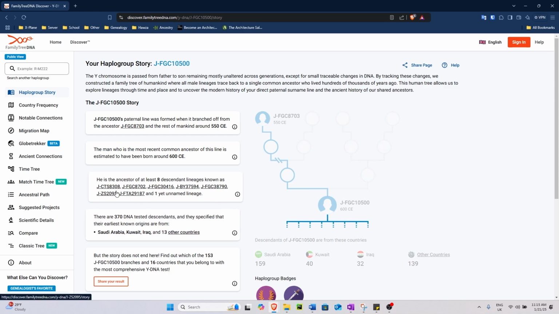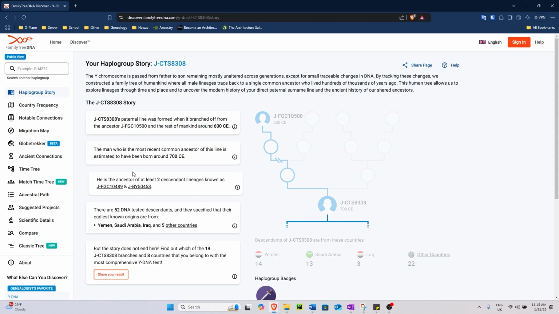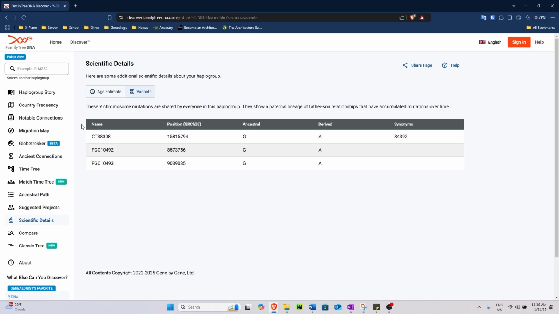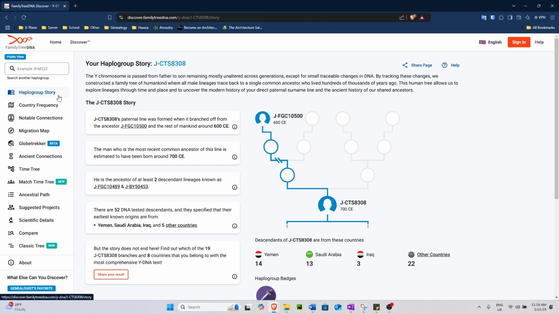So if we continue from here at CTS 8308, it has a TMRCA of 700 CE. And if we look at the scientific details, we find that there are 3 mutations belonging to it. So not just one man, so not the son of Imam Ali, but one of his descendants a few more generations down, which has been identified to be Ibrahim Tabataba.